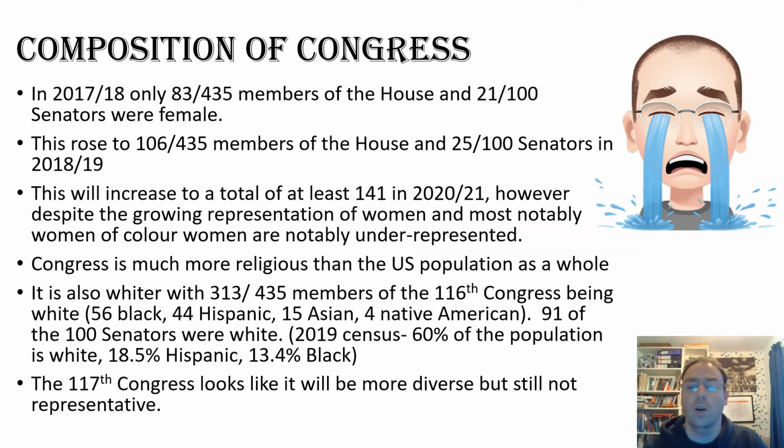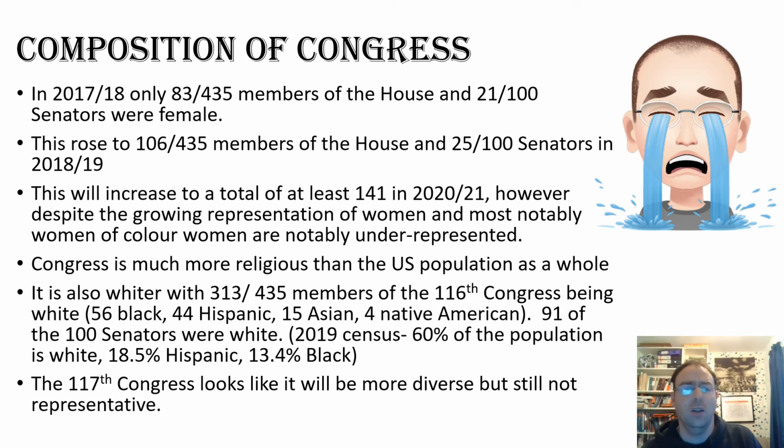The composition of Congress is really quite interesting, though in some ways fairly depressing. Essentially, if you want to be a member of Congress, it really helps if you are a religious, white, middle-aged man, so there is a degree of disproportionality here. Things are improving.